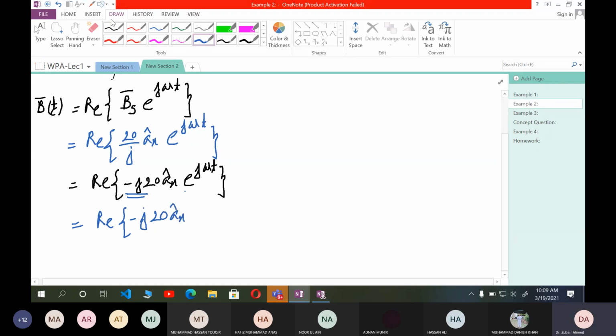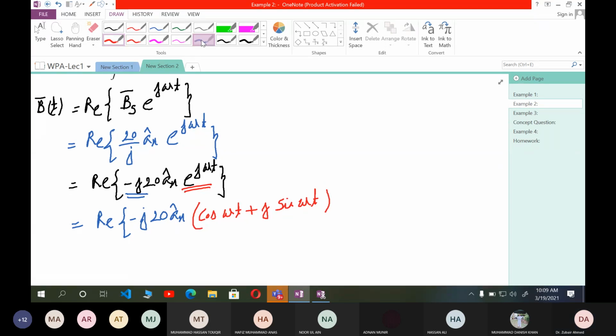I can write this thing as cosine omega t plus j sine omega t. This was the Euler identity. I'm using the Euler identity to expand this.